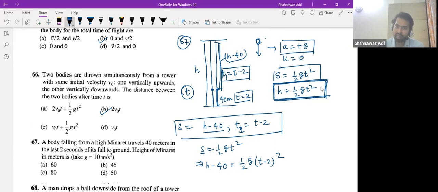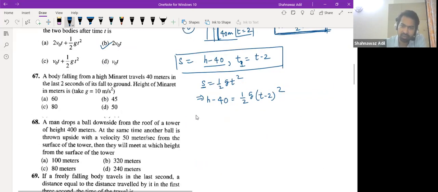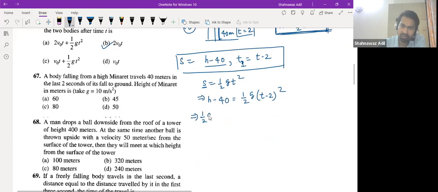But in here I know h, so I can put the value of h in here, right? So h is half g t square. This is minus 40. This is half g and t minus 2 whole square. So t square minus 4t plus 4, right?